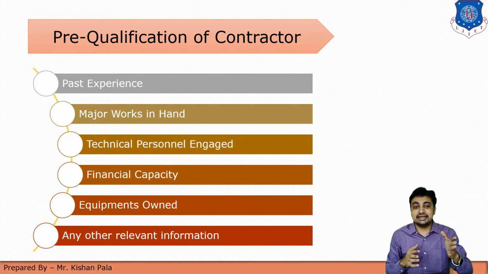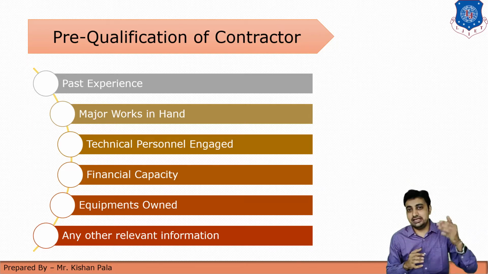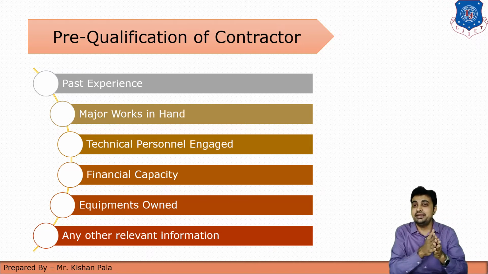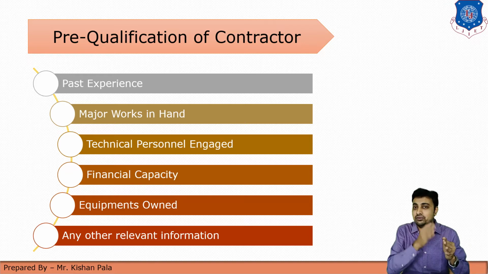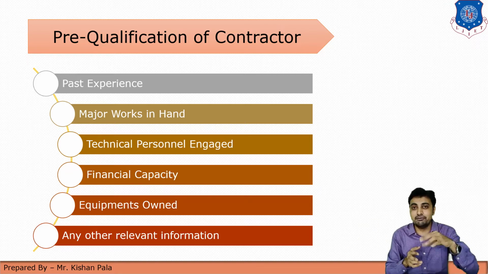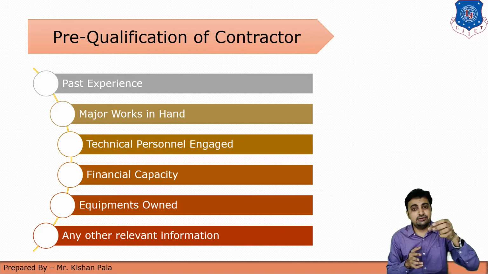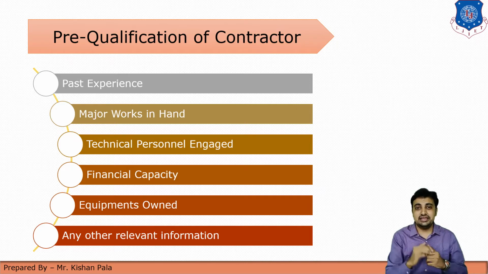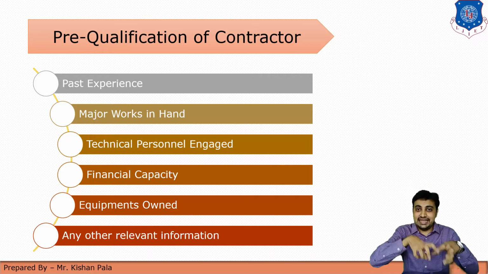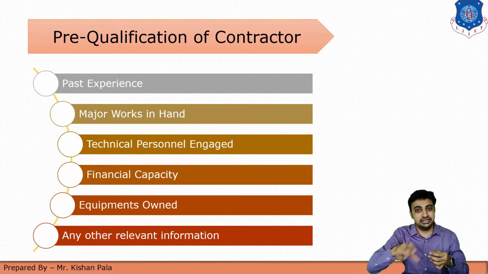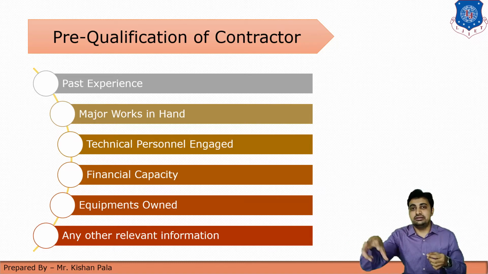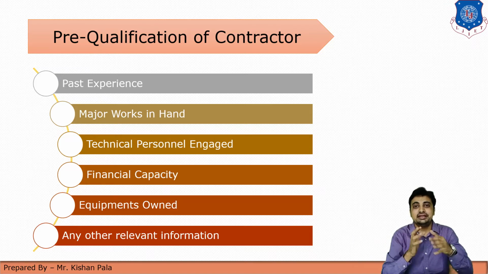Next point is technical personnel engaged. As we know, in government bodies, in government approved contracts, there are many classes: AA class, A class, B class, C class, D class, and E class. Each class has to follow certain rules and regulations from the government side. For example, if we take the A class contractor, A class contractor firms require 5 BE civil and 5 diploma civil engineers for that construction firm.